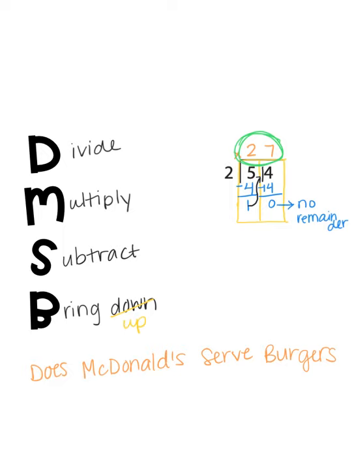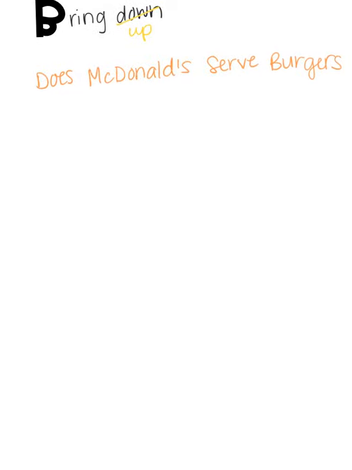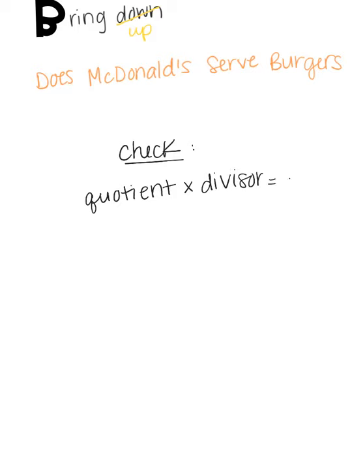Now, when we go to check our work and make sure our work is correct, the best way to do that is to multiply. So your quotient multiplied by your divisor should equal your dividend.